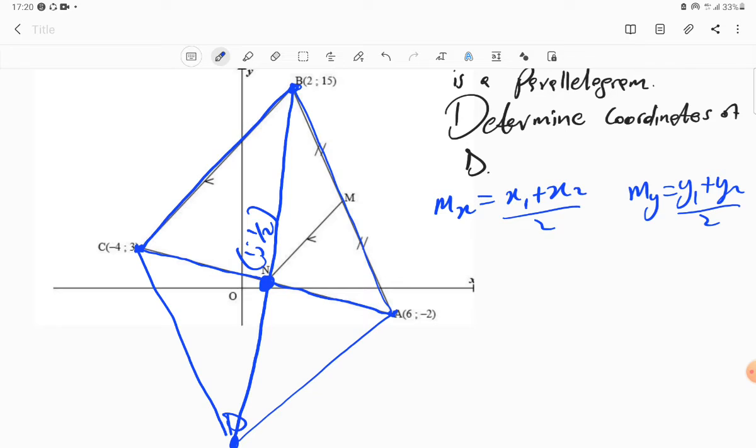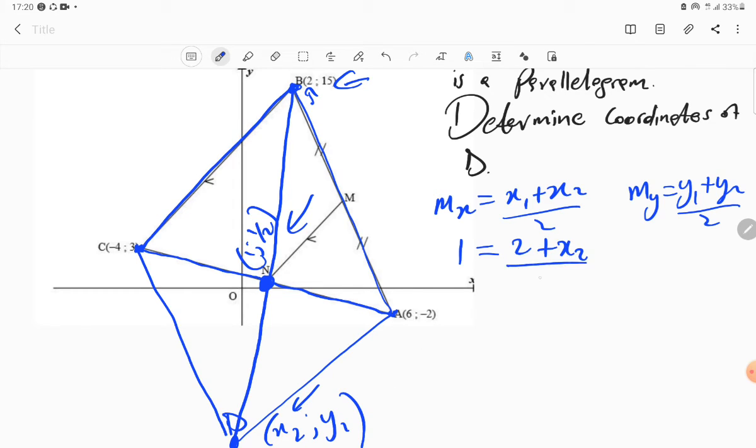We have these coordinates and this missing coordinate, which I'll call x2 and y2. We are looking for x2 and y2. The x coordinate of the midpoint is 1, so 1 equals x1, which is 2, plus x2 which we don't have, divided by 2.